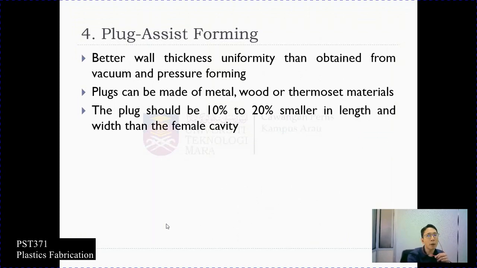For plug assist thermoforming, we have better wall thickness uniformity than vacuum and pressure forming, because you push the material first, so the stretch is more consistent. Plugs can be made from metal, wood or thermoset material. The plug should be 10% or 20% smaller in length and width than the female cavity. Kalau plug tu kita panggil male, kalau yang cavity tu kita panggil female.